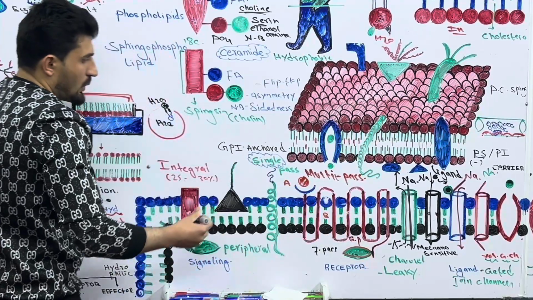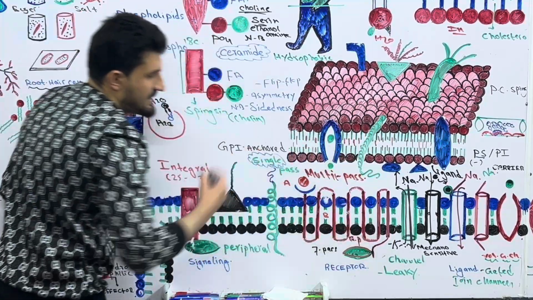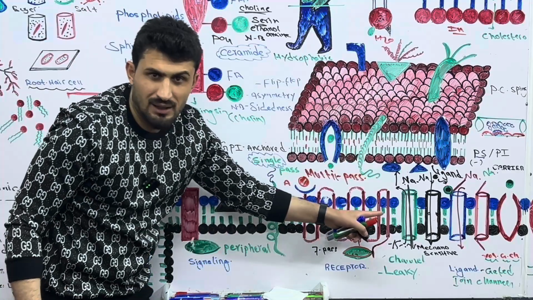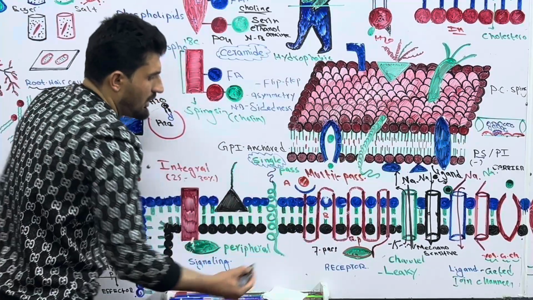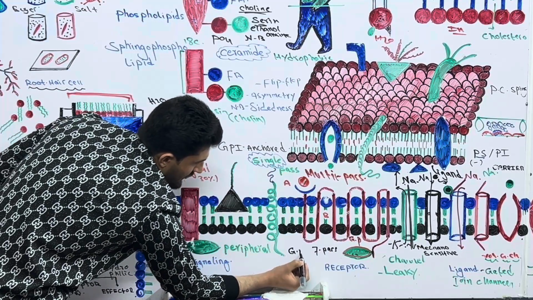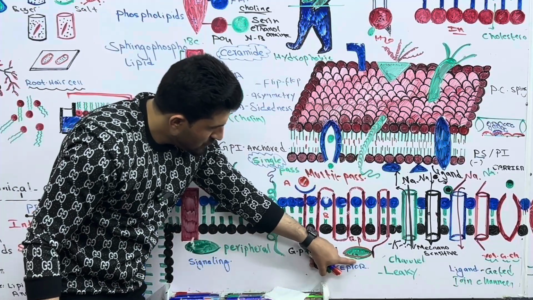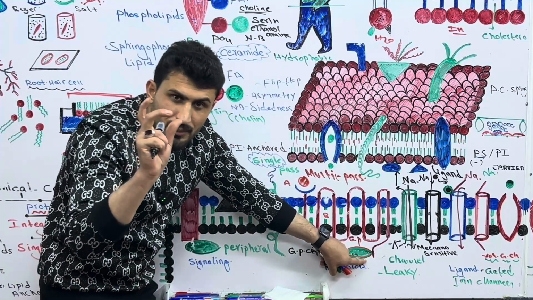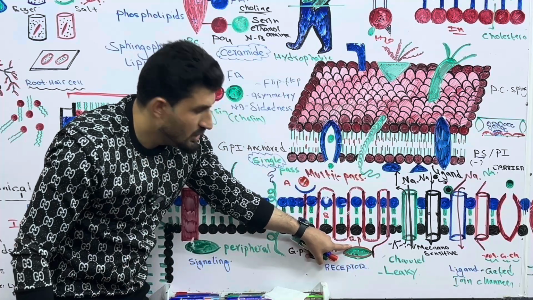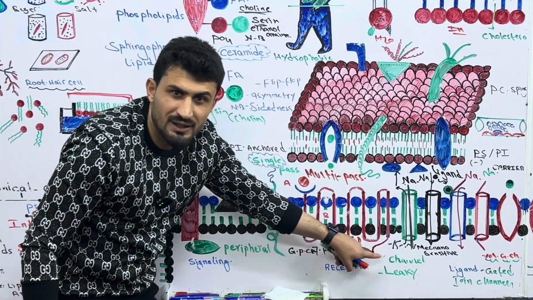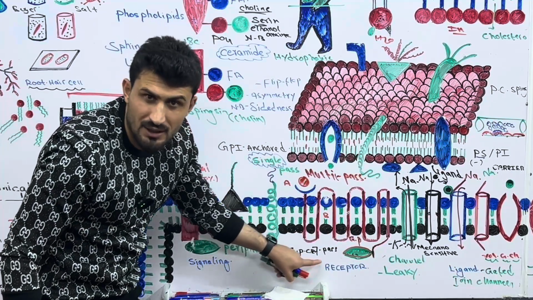It's also called serpentine receptor, which means snake-like, or it's also called G protein coupled receptor because they join to a globular protein which is called G protein. That's why this is called G protein coupled receptor.